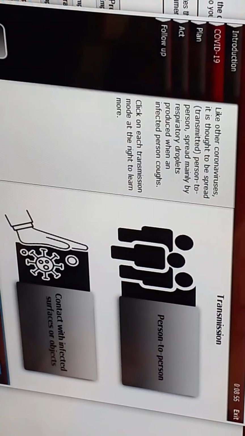Like other coronaviruses, it is thought to be spread or transmitted person to person, spread mainly by respiratory droplets produced when an infected person coughs. Click on each transmission mode at the right to learn more.